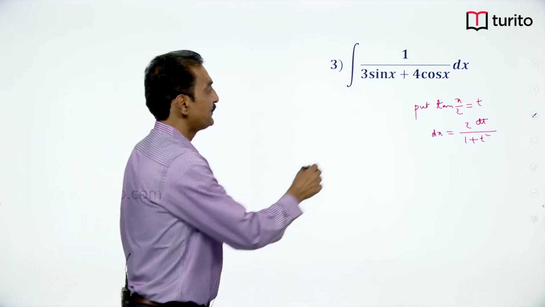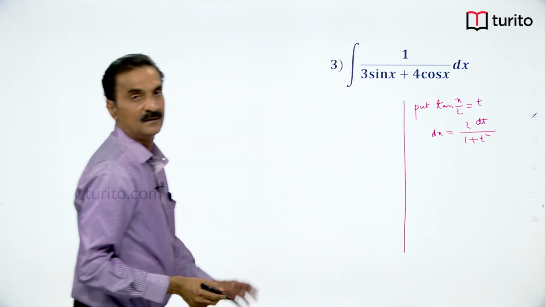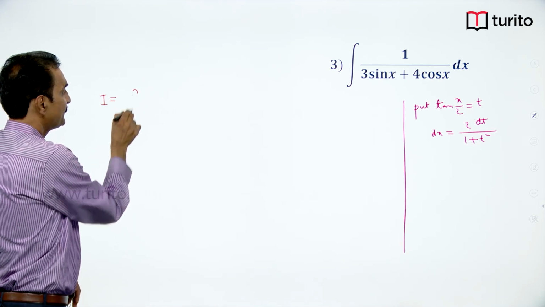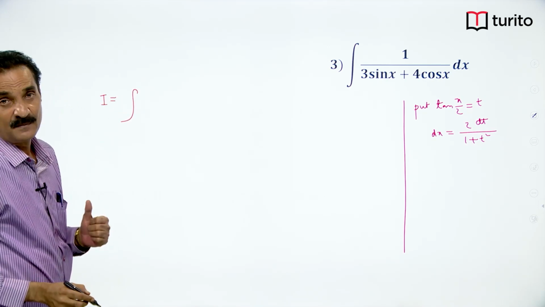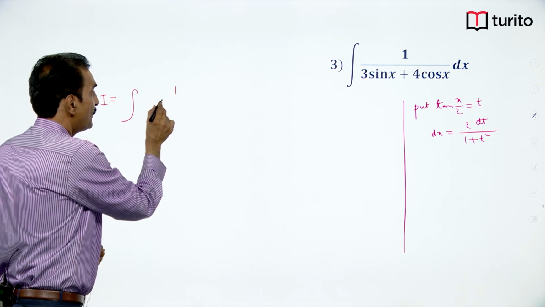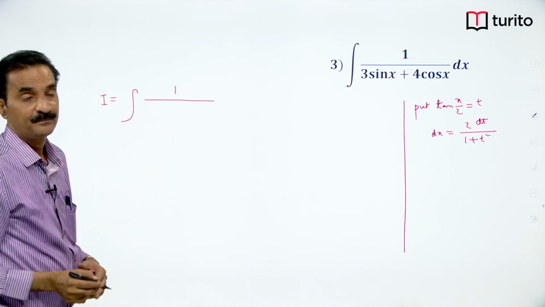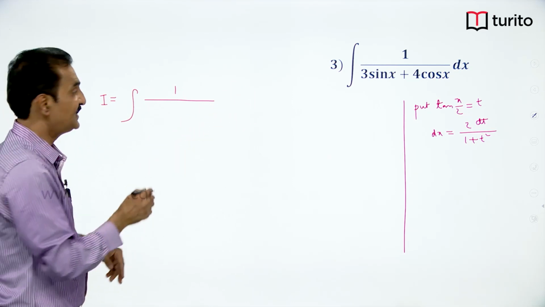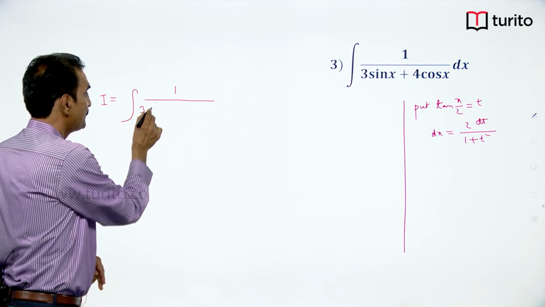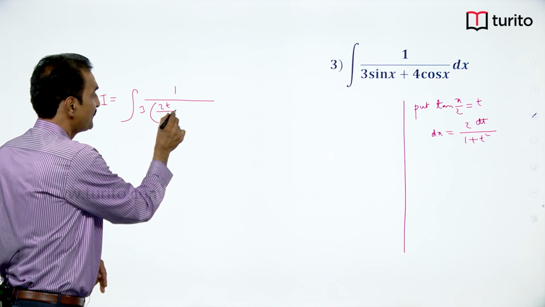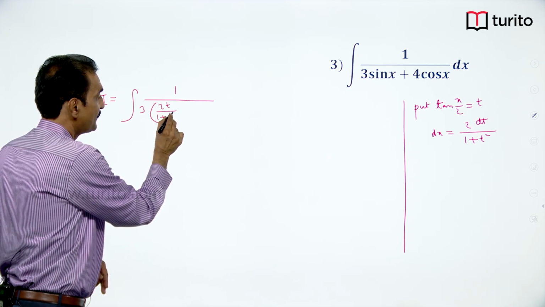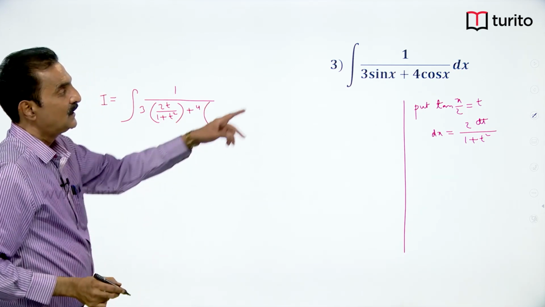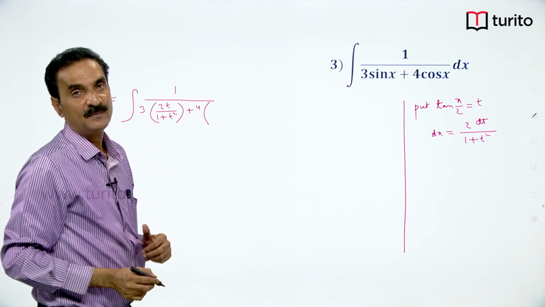Then the given integral is I is equal to integral 1 by 3 into sin x, which is 2t by 1 plus t square, plus 4 into cos x, which is 1 minus t square by 1 plus t square.